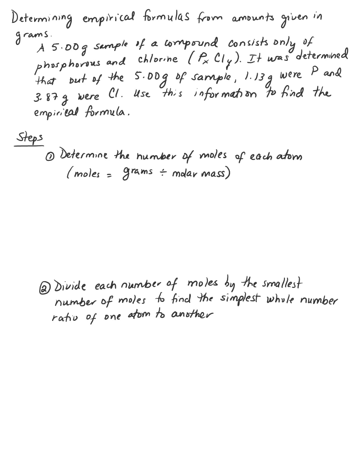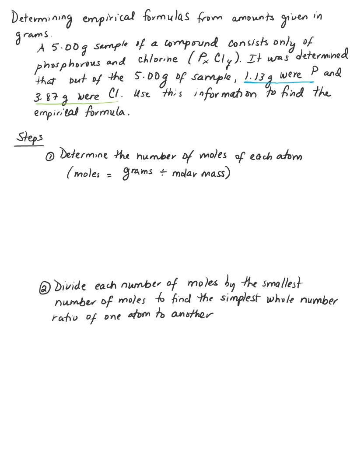Out of your 5 grams, 1.3 grams are phosphorus, and you have 3.87 grams of chlorine. And you're trying to find out your empirical formula, okay? So your compound contains phosphorus and chlorine, P and Cl.